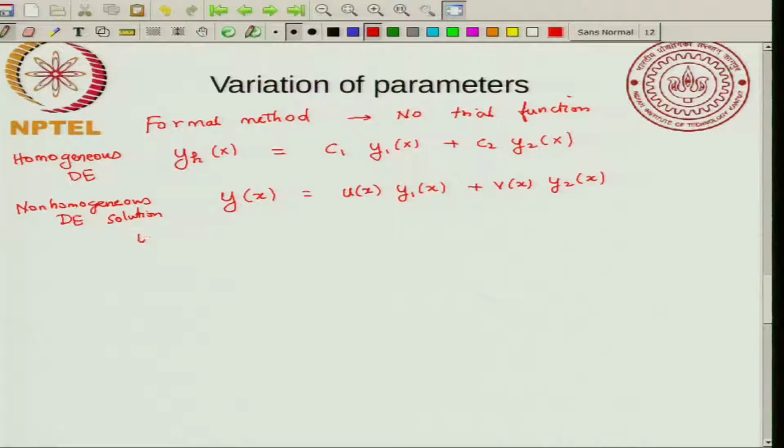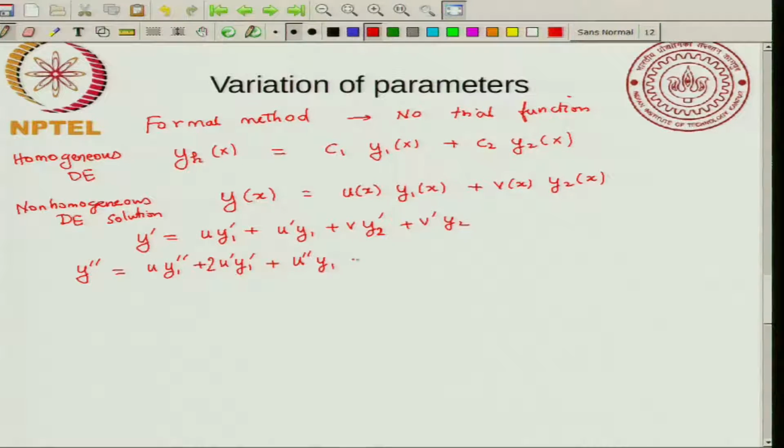You will get y prime is equal to u y1 prime plus u prime y1 plus v y2 prime plus v prime y2, and then you calculate y double prime, which will be u y1 double prime plus 2 u prime y1 prime plus u double prime y1 plus v y2 double prime plus 2 v prime y2 prime plus v double prime y2.